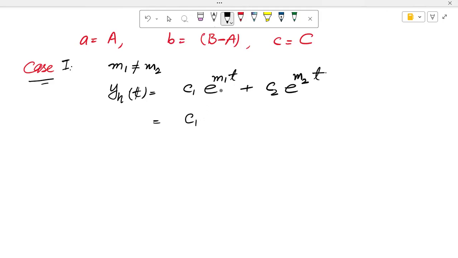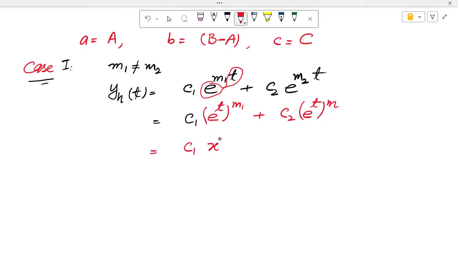If we recognize from here that e raised to the power t was our substitution, so I can write, okay, in this step, e raised to the power t raised to the power m1 plus c2 e raised to the power t raised to the power m2. So we found here a very interesting thing, that it is x raised to the power m1 plus c2 x raised to the power m2.